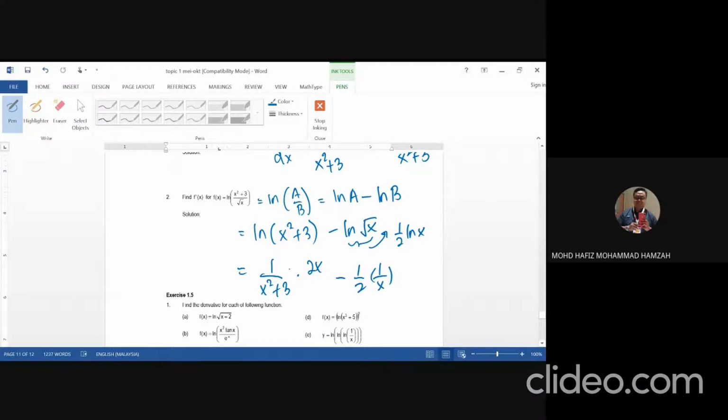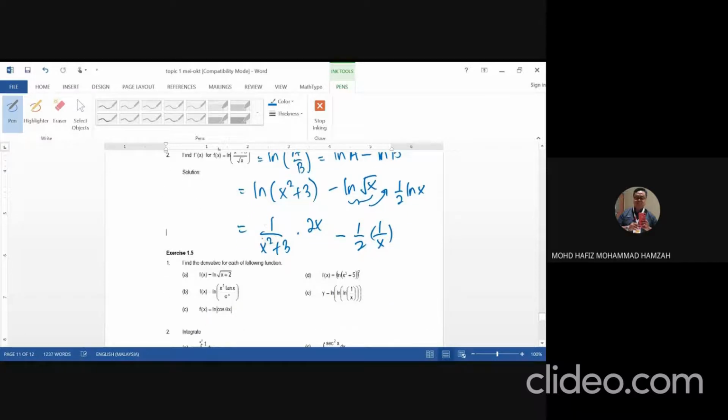So this will be 2x over x square plus 3 minus 1 over 2x. Okay, so final pun dia ada basic pasal ni, tapi dia tak akan keluar yang direct macam ni lah. This is considered as a easy question yang kita dah belajar dulu dalam pre-calculus dan calculus 1. Same here lah.